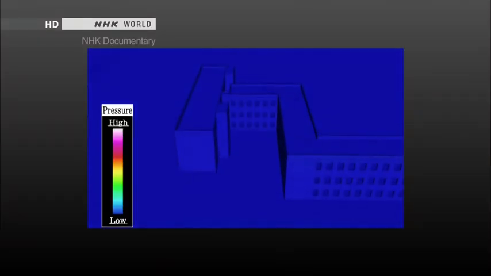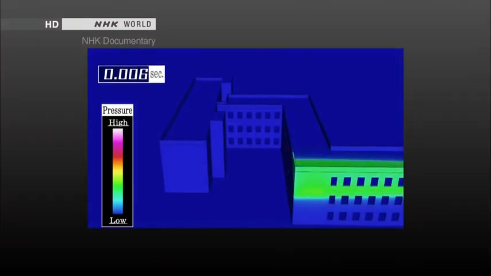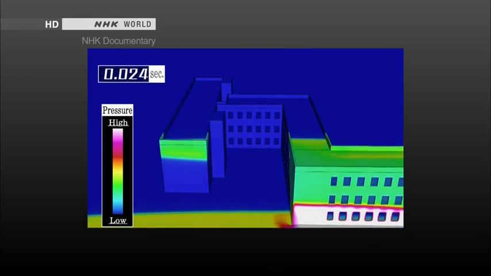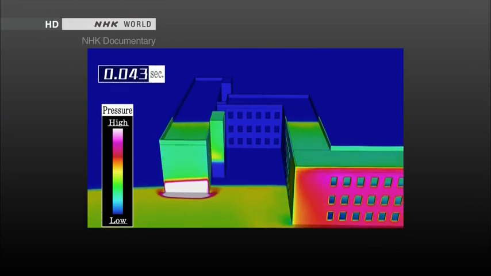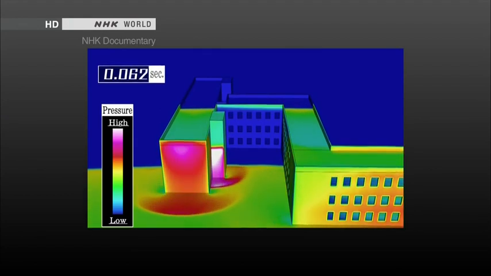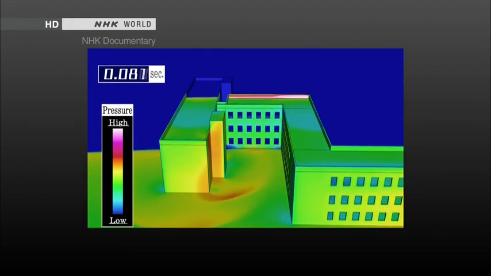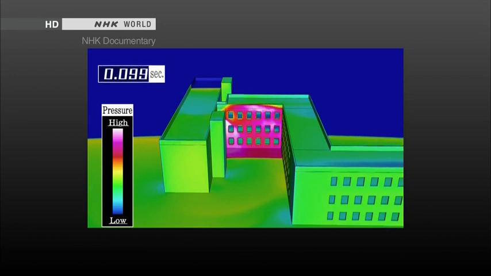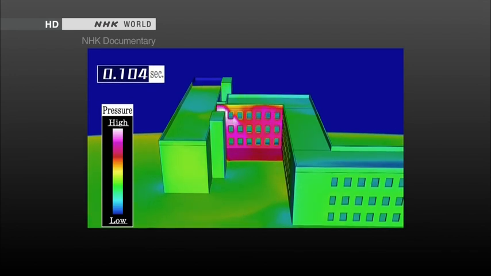By this time, the Mach stem has also entered the courtyard. Having reached a dead end, the shock wave rolls up the building wall, exerting tremendous pressure on surrounding surfaces.